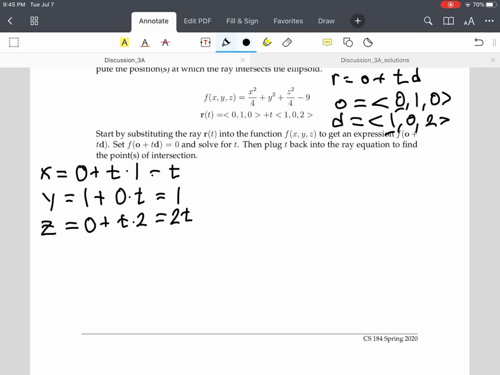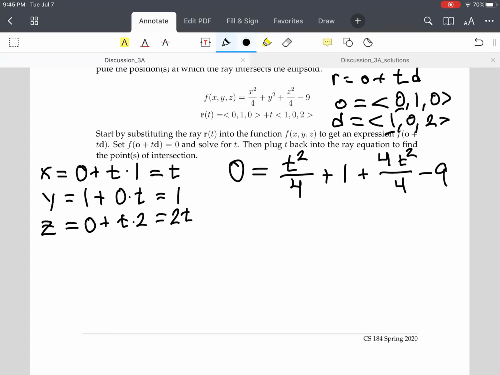So let's do that. So 0 is equal to x, which is t, so that's going to be t squared over 4 plus y squared. Well, y is just 1, so that's just 1, plus z squared over 4. Well, z is 2t, so it's 4t squared over 4 minus 9, right? So this is the equation we have.